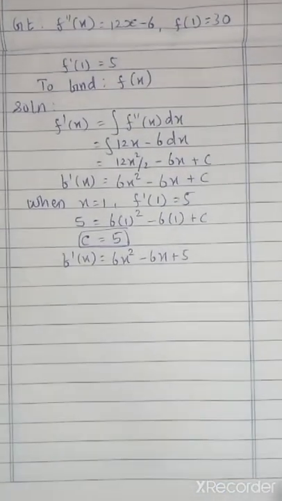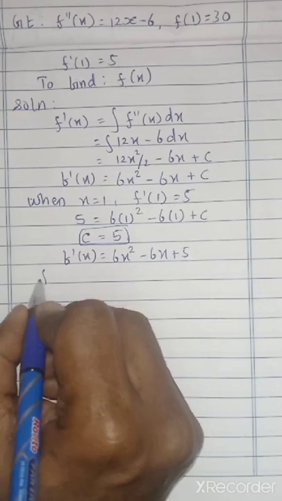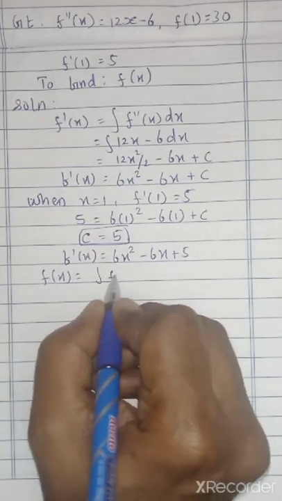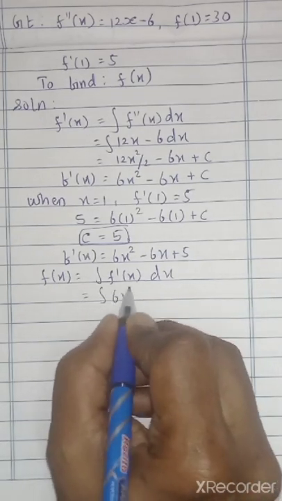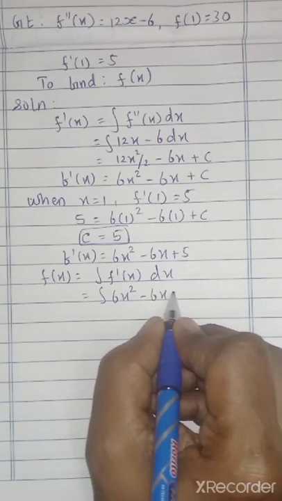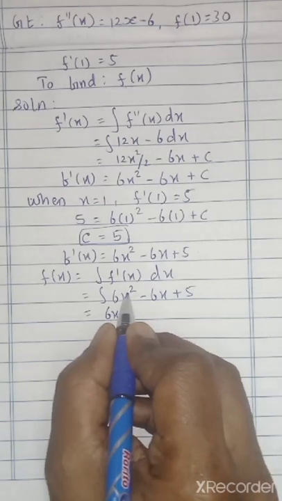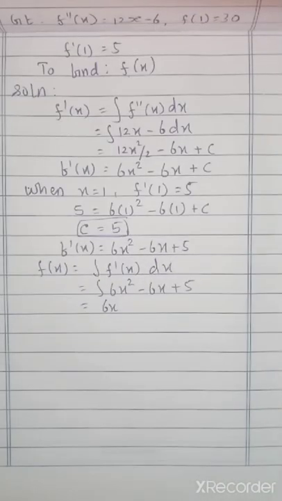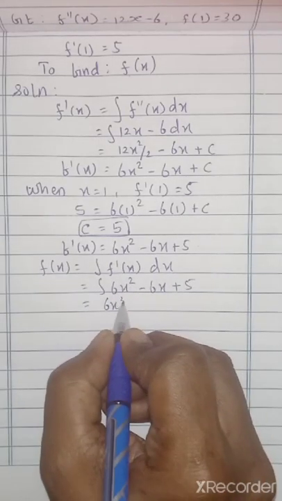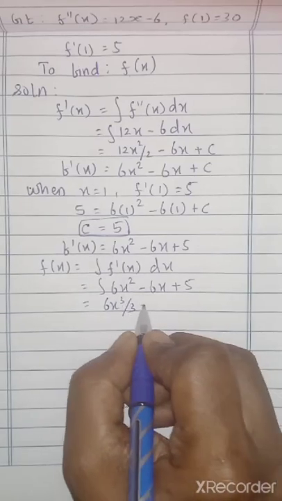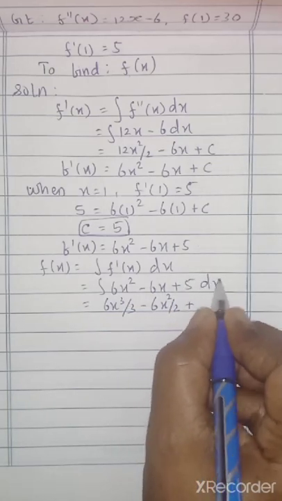So we got f dash of x, but what do we want to find? F of x only we want to find, no. So what is the f of x formula? Integral of f dash of x dx, like the previous problem. So integration of 6x square minus 6x plus 5, and if we integrate this you will get 6 times x square, with n plus 1 so 2 plus 1 is 3, x cube, whatever is in the power will come in the denominator, minus 6 times x squared by 2, constant integrated gives 5x.